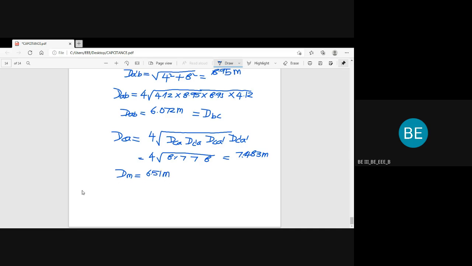So once we found the DM value, we know the formula for capacitance. So 2 pi epsilon naught divided by ln of DM by DS.